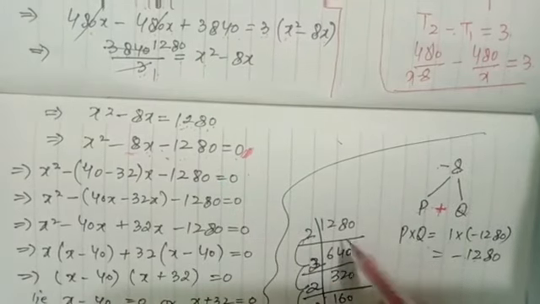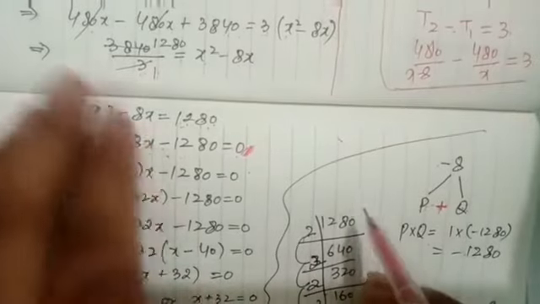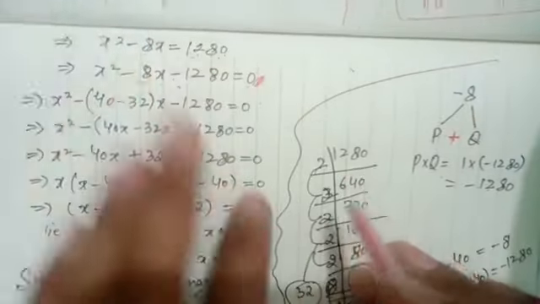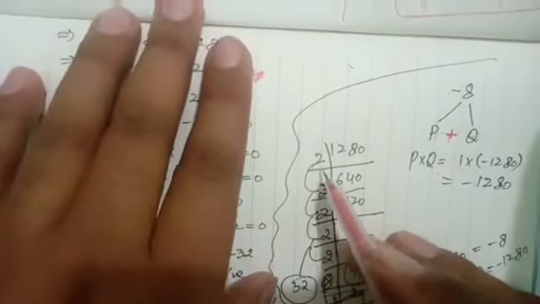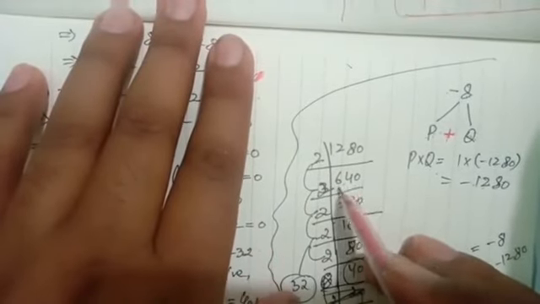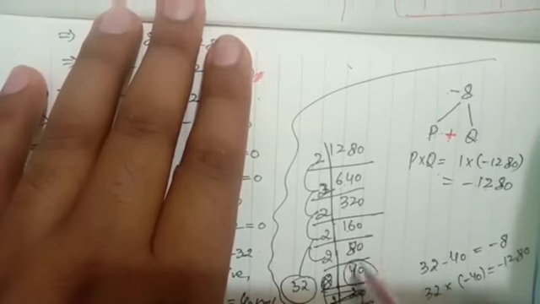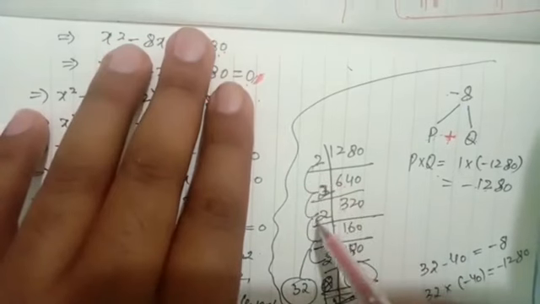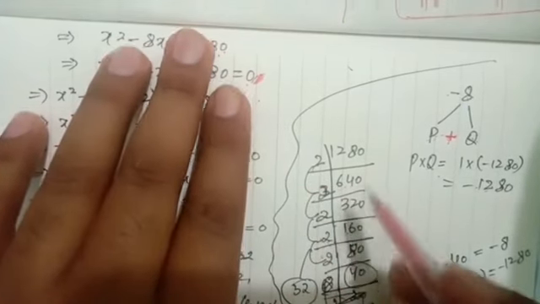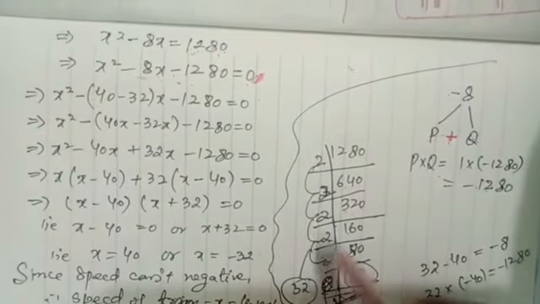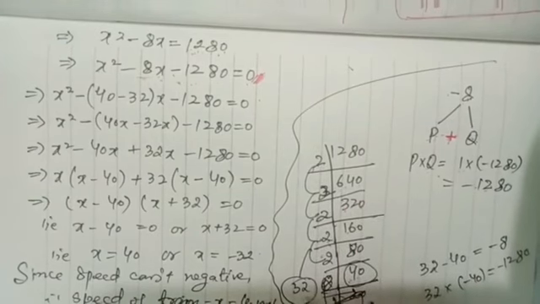Now I will do here the prime factorization. See here, by 2 I will do prime factorization. I will do first with the 2. So I will get here quotient 640, then again 2, again 2, again 2, again 2, I got here 40. No need here. Now 2 into 2 into 2 into 2 into 2, there are 5 2's, and I will get here 32 and 40.